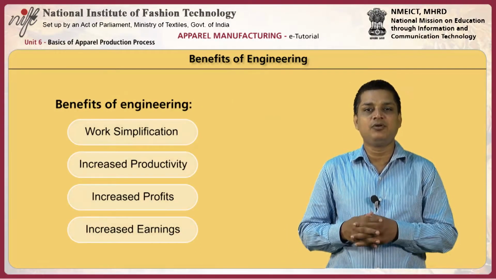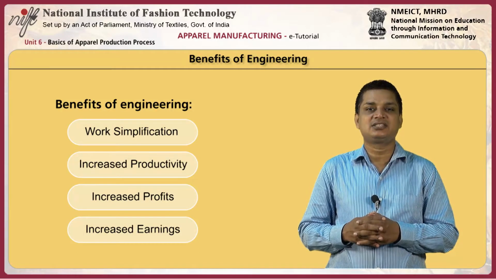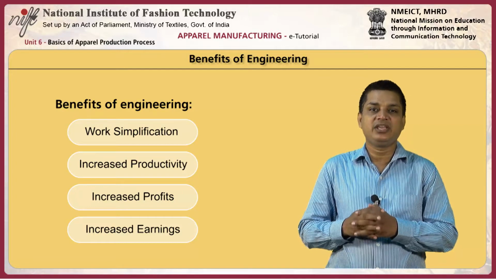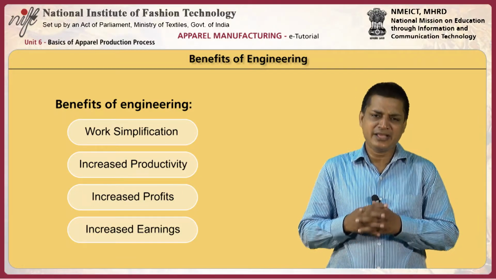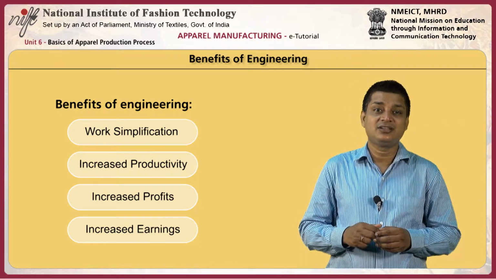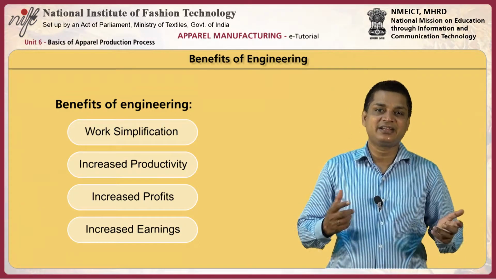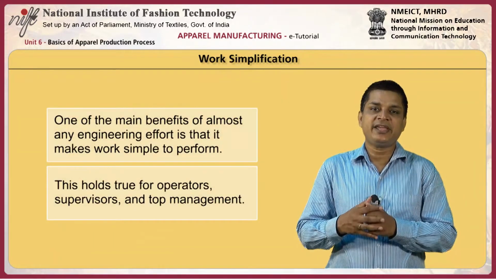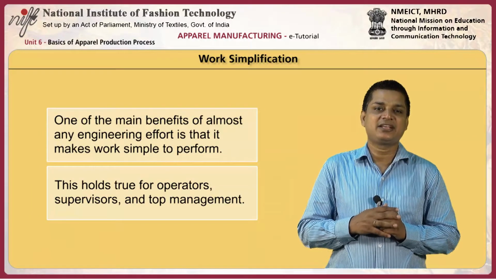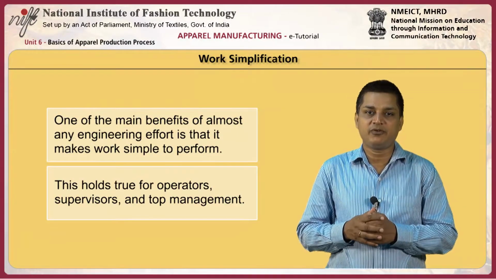Now that we have looked at some of the reasons engineering is needed, let's look at the benefits we receive from it. They are work simplification, increased production, increased profit, and increased earnings. One of the main objectives of almost any engineering effort is that it makes work simple to perform.